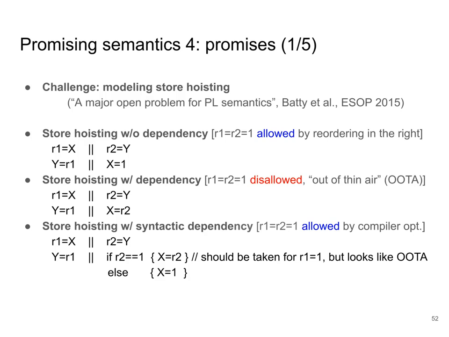In the third example, Y is read first, and then depending on the read value, if it is 1, x equals r2 is executed, and otherwise x equals 1 is executed. So basically this is a mixture of the two examples above.